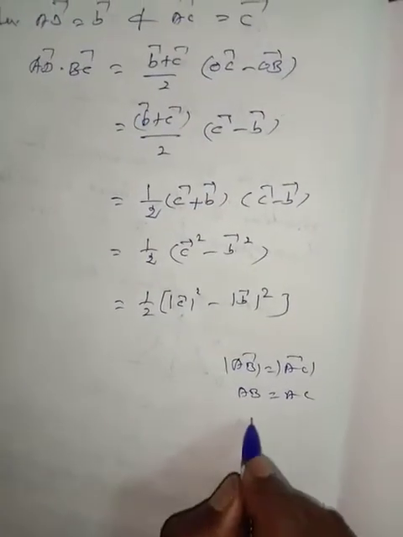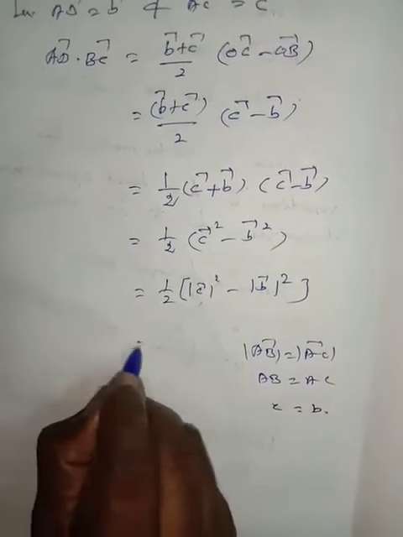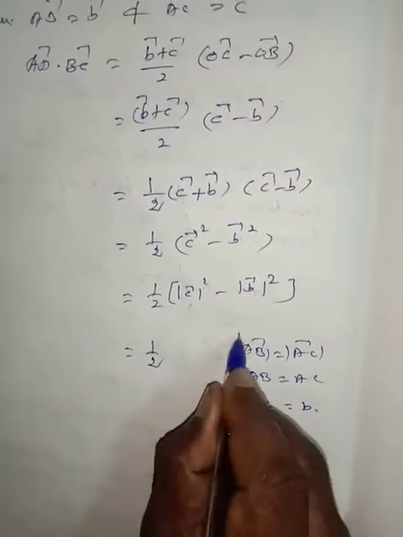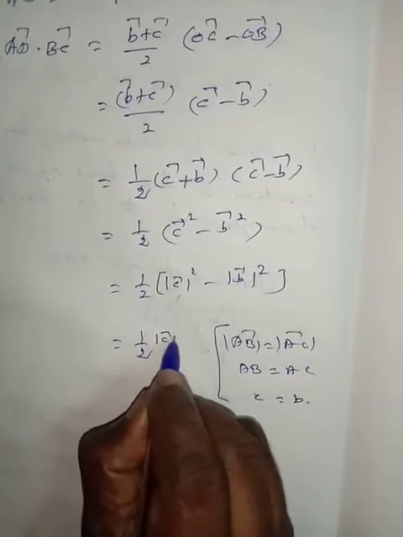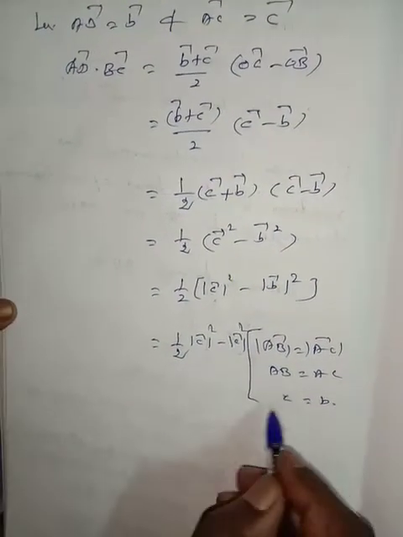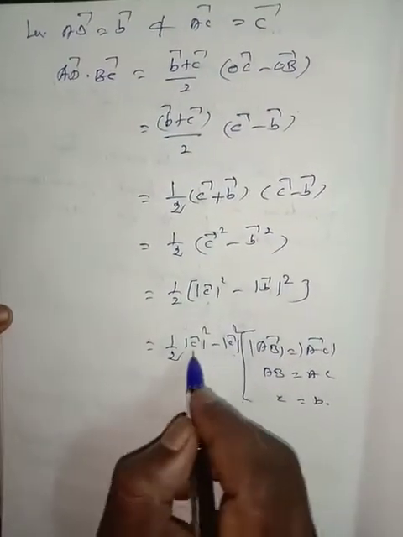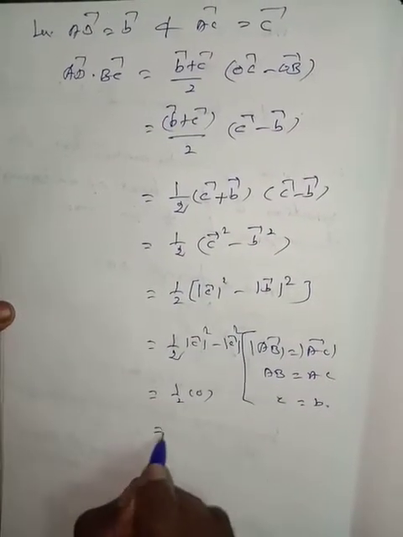In this case C is equal to B. Therefore half into C vector whole square minus C vector whole square. B is equal to C, therefore half into 0 is equal to 0.